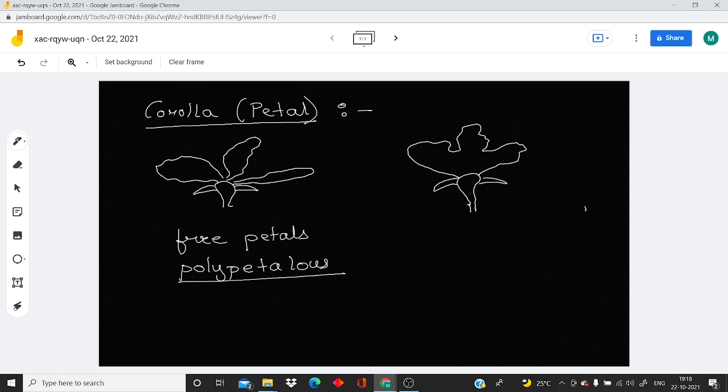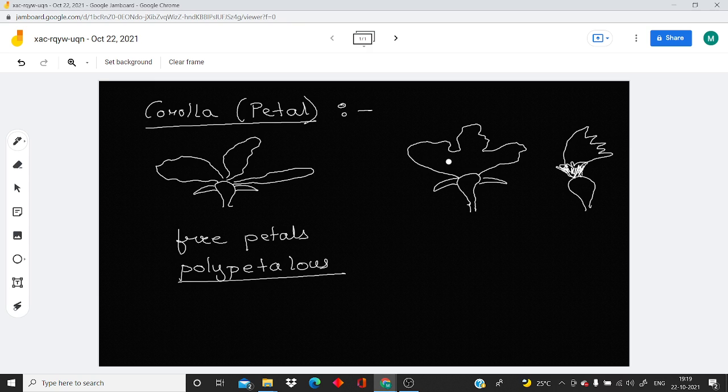Sometimes some arrangements are there in which you can see that these are the sepals. Some flowers look like this. So this is the sepal and this is the petal. So petals are fused here.